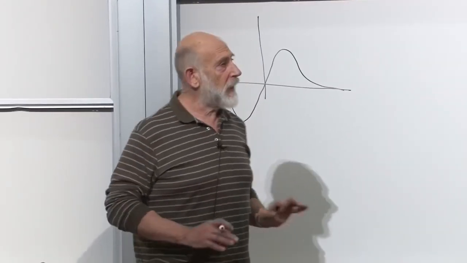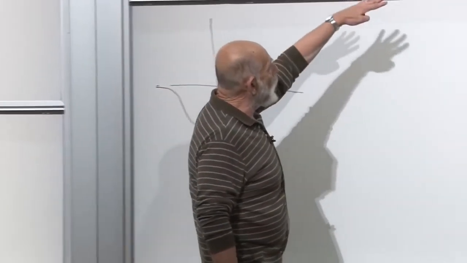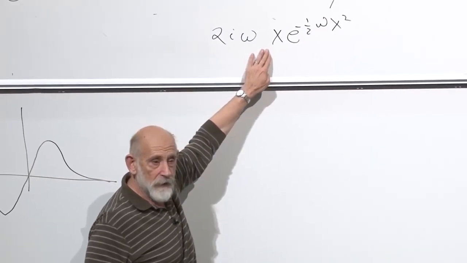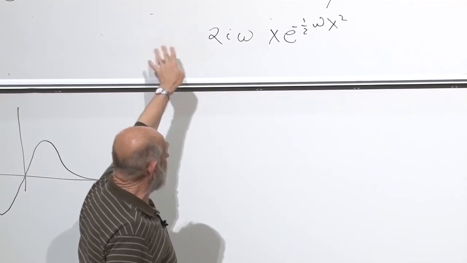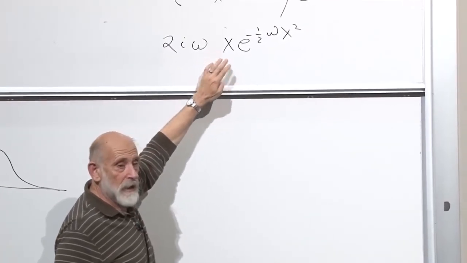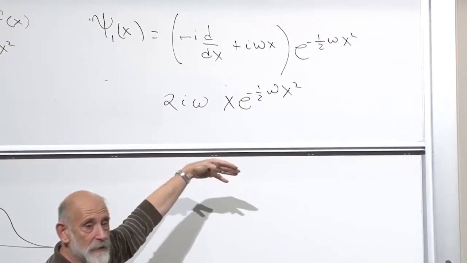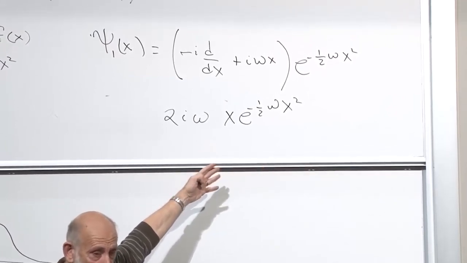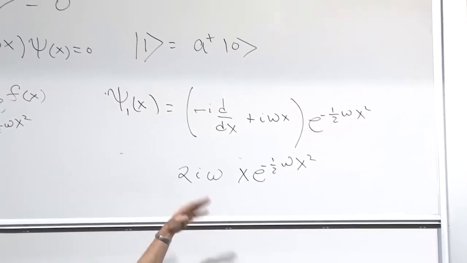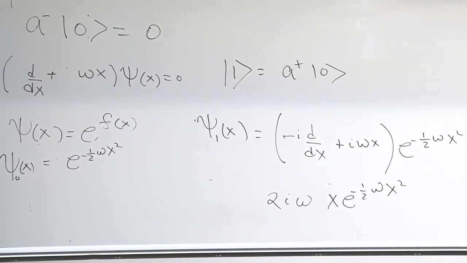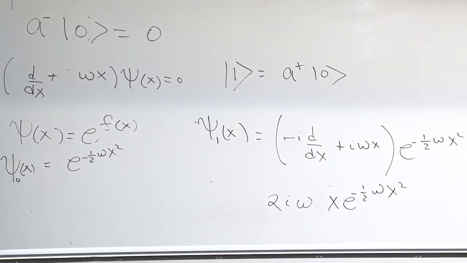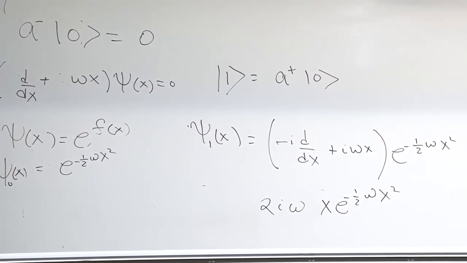Each time you act with A plus, you make a higher order polynomial in front of e to the minus omega x squared. Each time you hit it with another A plus, it'll give you x squared plus another term, x cubed after a while. Each time you'll get a higher and higher order polynomial, and each time you'll add a node.